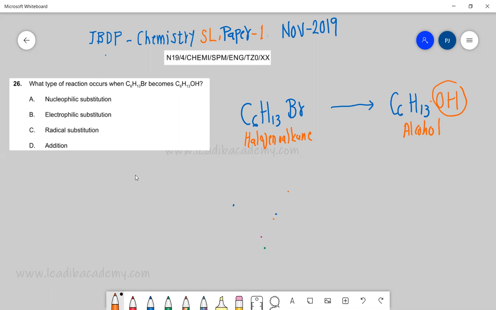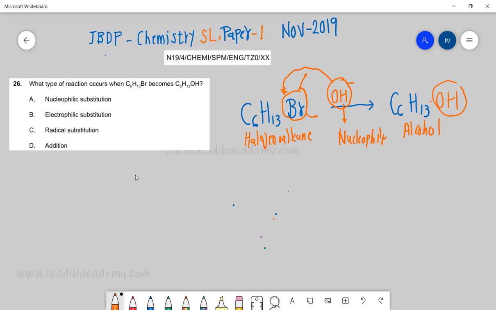So what has happened? Just understand that the Br atom has been pushed out by the OH minus group. OH minus is rich in electrons, so we call it a nucleophile. The nucleophile has attacked and displaced this Br from here.